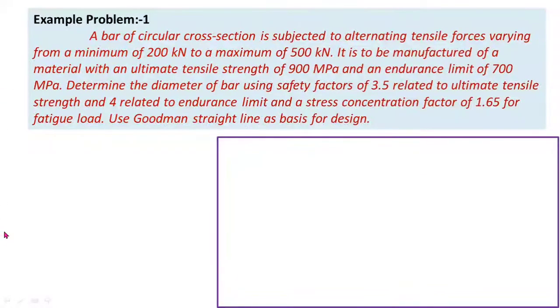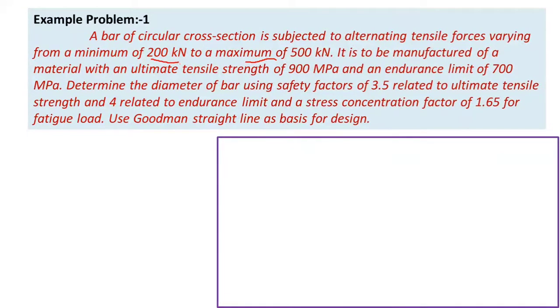From this question, first you have to identify the fluctuating loads. Fluctuating loads means maximum load and minimum load. From the given question, first you have to identify the maximum and minimum loads. Maximum load equals 500 kilonewtons and minimum load equals 200 kilonewtons.